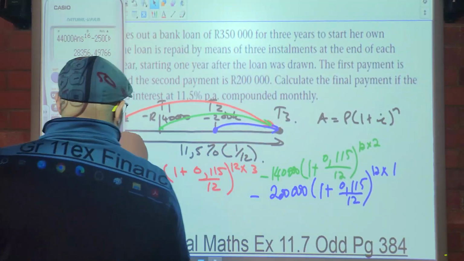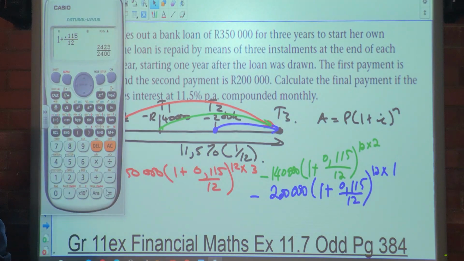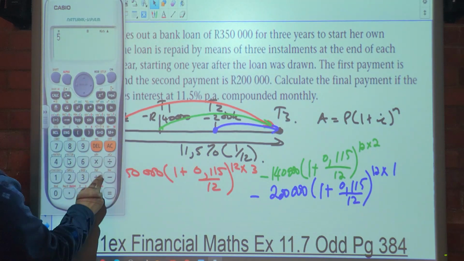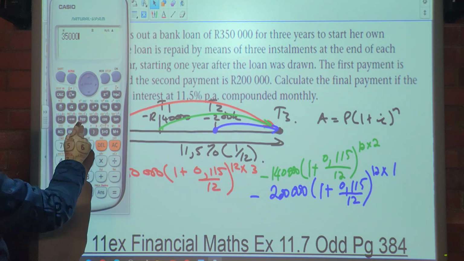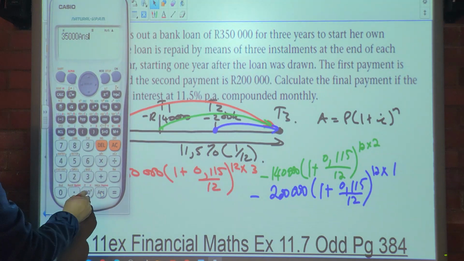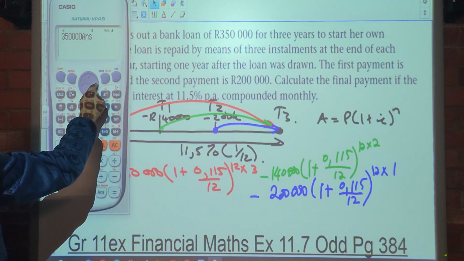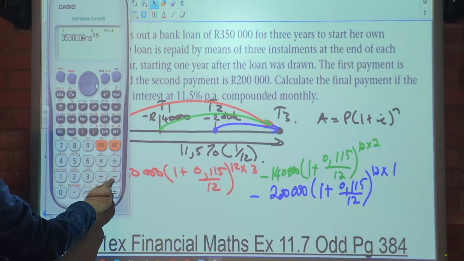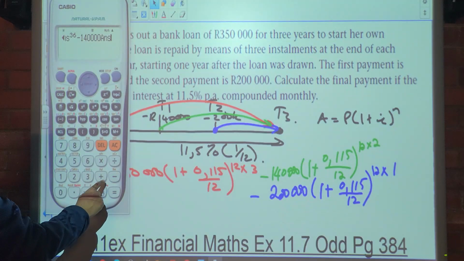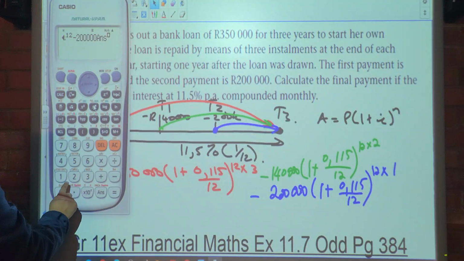Okay, here we go. 1 plus 0.115 over 12. There we go. 350,000 times the answer to the exponent 36, minus 140,000 answer exponent 12, minus 200,000 answer exponent 12.